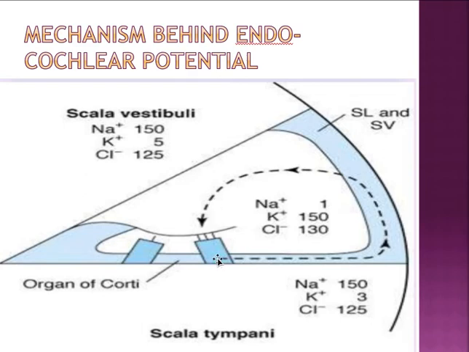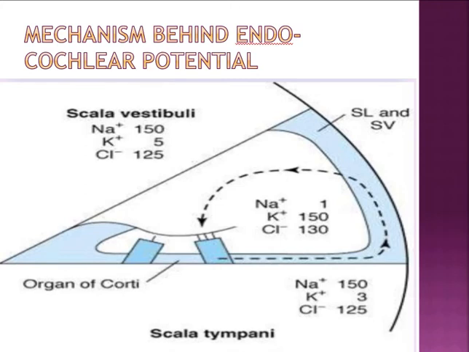If you go from minus 60 to plus 80, that gives you the endocochlear potential, the difference between the inside and the outside of the cell. Take minus 60 to the zero level, that makes 60 millivolts, and then add another plus 80, so 60 plus 80 is equal to 140 millivolts endocochlear potential.